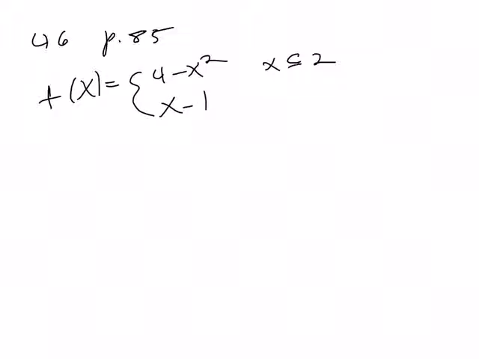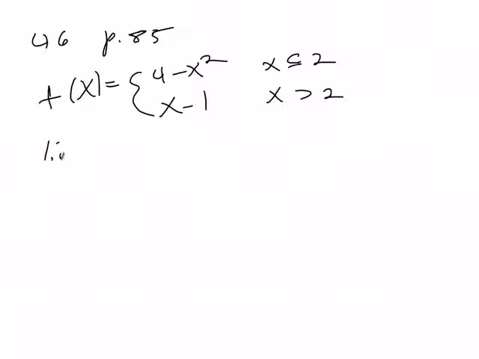So we have this function f of x equals 4 minus x squared for x less than or equal to 2, and x minus 1 for x greater than 2. That's our function. So we want to find the limit as we approach from the left, from the right, and see if the limit exists as we approach 2.